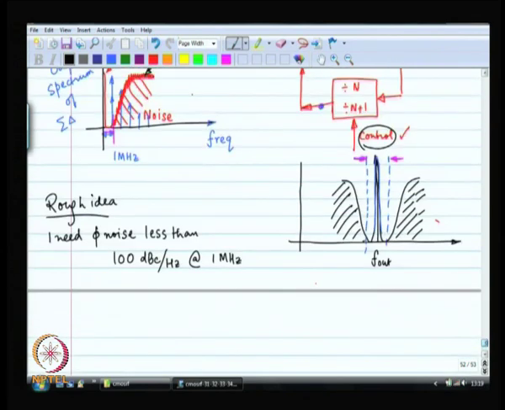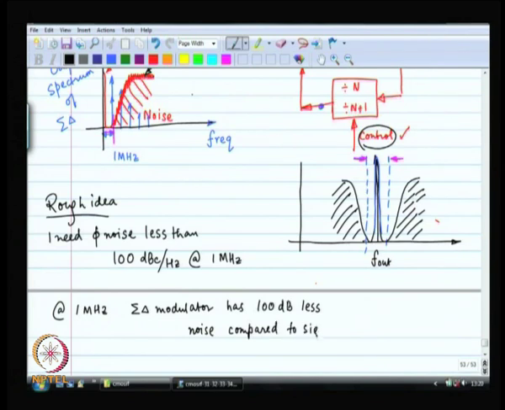So, you need to make sure that at 1 megahertz your sigma delta modulator gives 100 dB less noise compared to the signal. Okay. So, this kind of gives you an idea of what needs to be done.